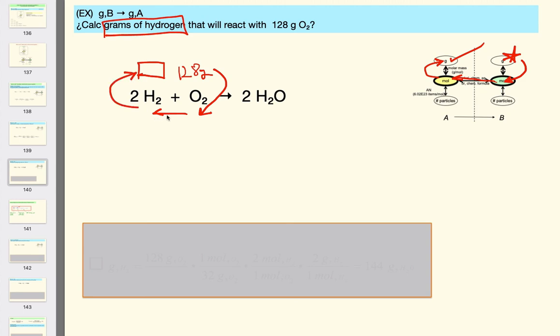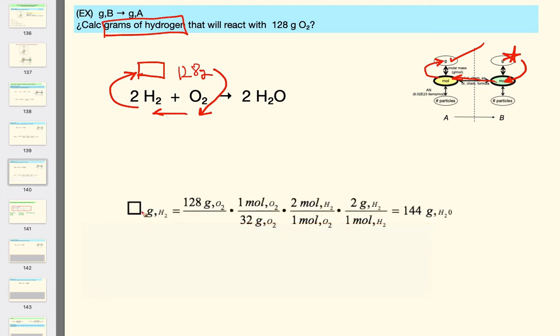And now let's see what that looks like in terms of a dimensional analysis equation. And here we go. This is our box, grams of H2, and we're starting out at 128 grams of oxygen. I'm going to go from grams of oxygen to moles of oxygen, from moles of oxygen to moles of hydrogen, from moles of hydrogen to grams of hydrogen.